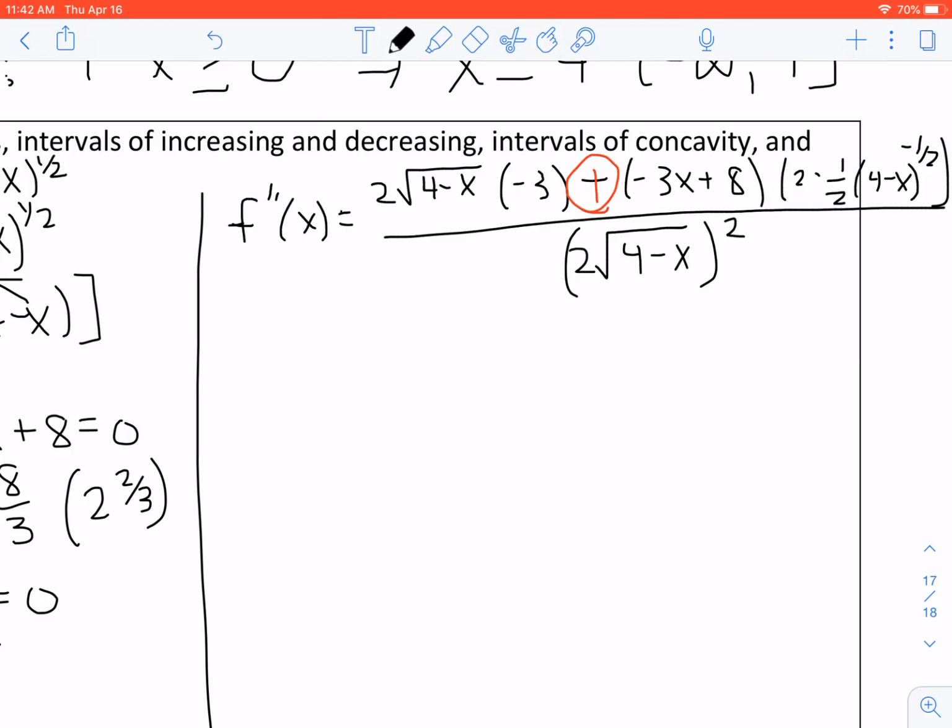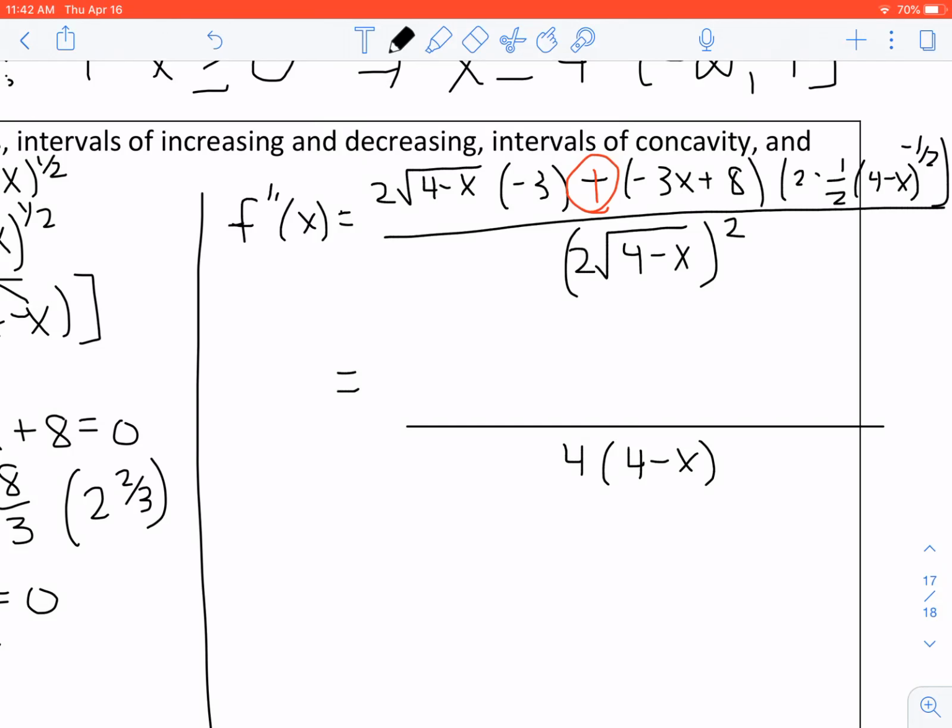So from here, we're going to clean this up. And the denominator is going to simplify to being 4 over 4 minus x. And then our numerator, we can factor some things out.